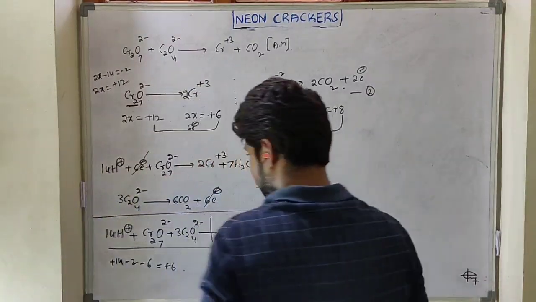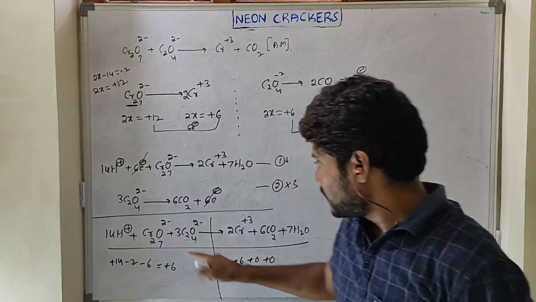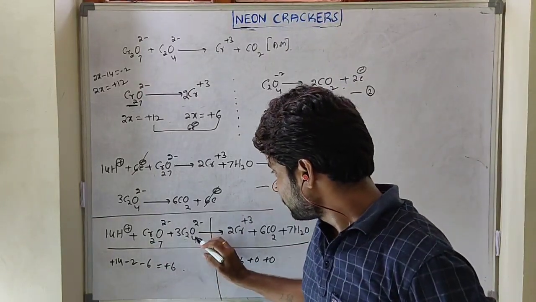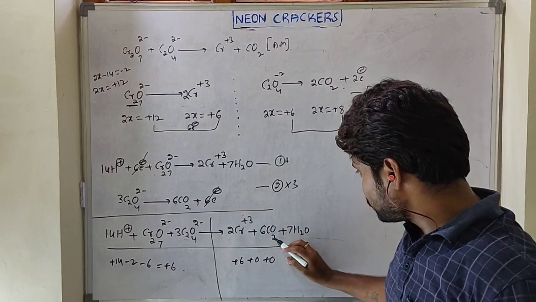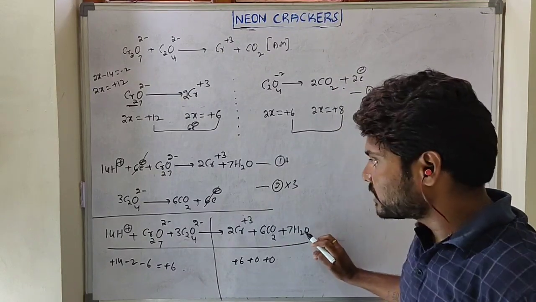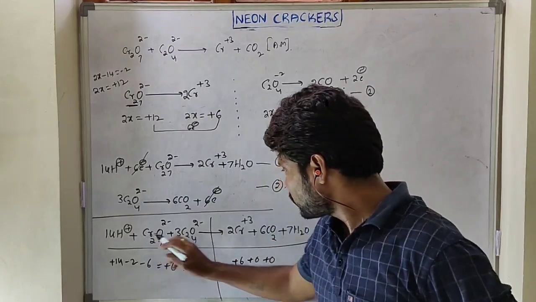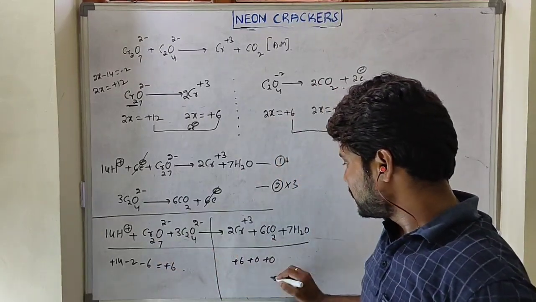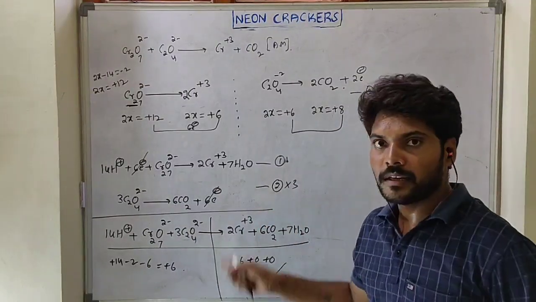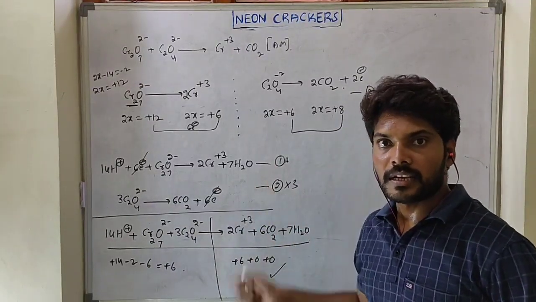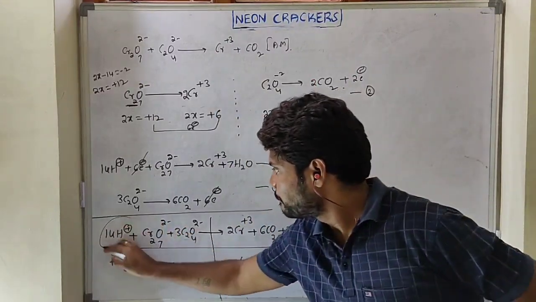So charge neutrality is satisfied. The number of hydrogen atoms is 14 on both sides. The number of oxygens: here 7, and here 3, 4, 12, 19, so 12 plus 7 gives 19 oxygen atoms. Carbon 6 and carbon 6, chromium 2 atoms and chromium 2 atoms. Everything is balanced. So this is our final balanced redox reaction for the given equation, in which medium?